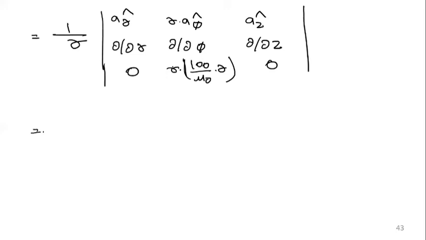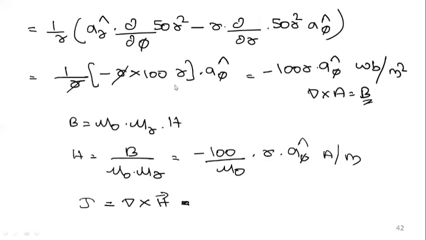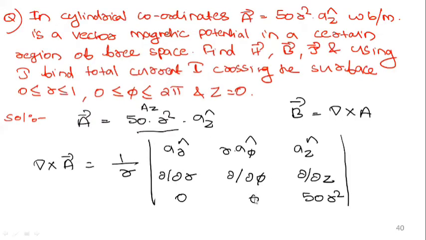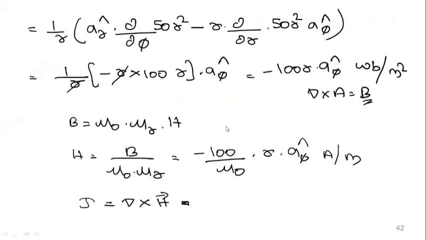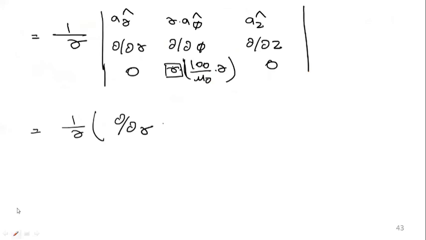So that is equal to 1 by R into dou by dou R of, because here there is a 1 by R in our formula. The 1 by R is already there in the formula. In the previous step, when we wrote it, the coefficient there was 0, so we didn't mind that. But here there is an extra R, so don't get confused.